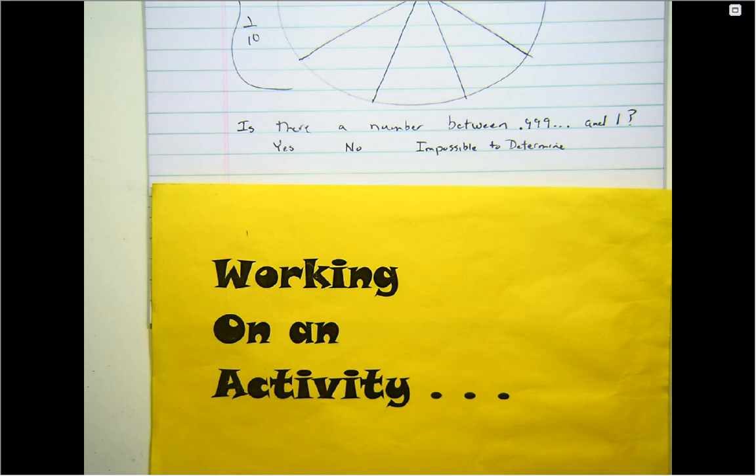There's nothing in between, because you couldn't find out what it would be. What did your group decide? You said yes, there is something in between. Your assignment is to figure out what it is. Okay, there you go.